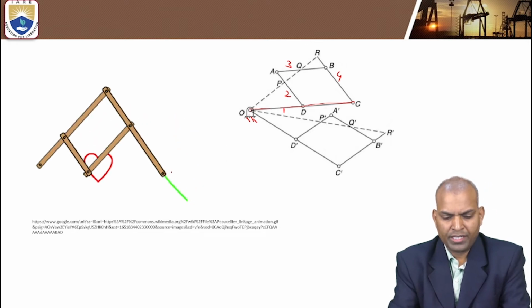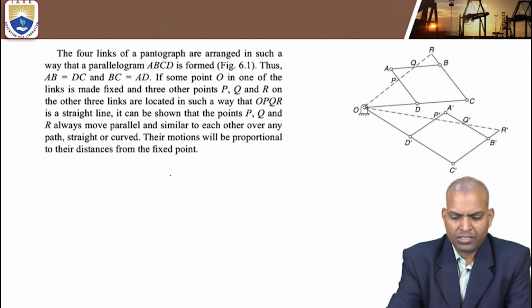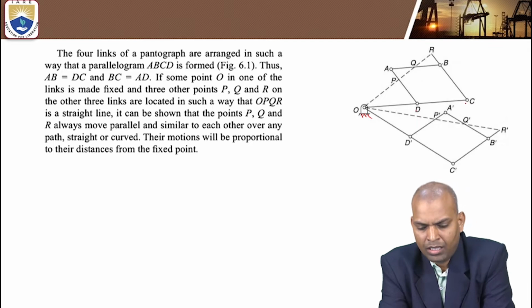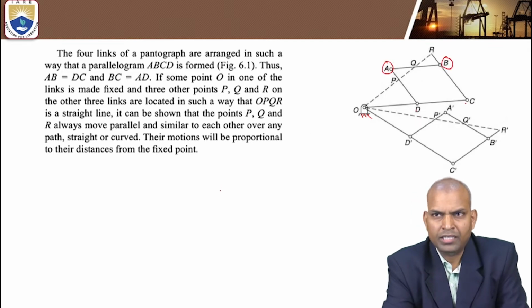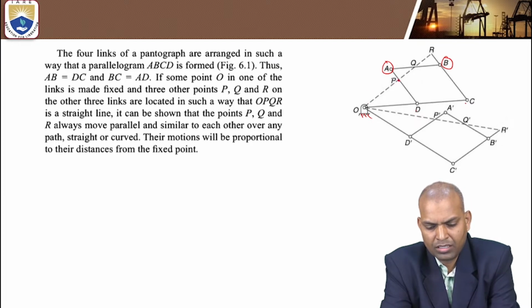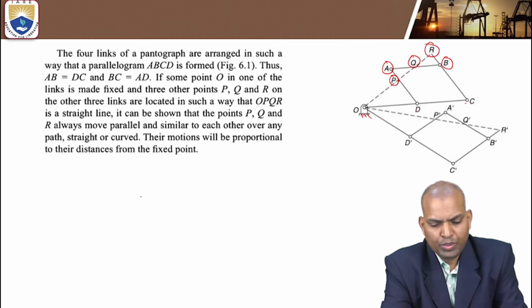There are various points on this pantograph: O, D, C, B, and A. And there are other points as well: P, Q, and R. This P, Q, R we are going to prove mathematically by using the concepts of geometry.